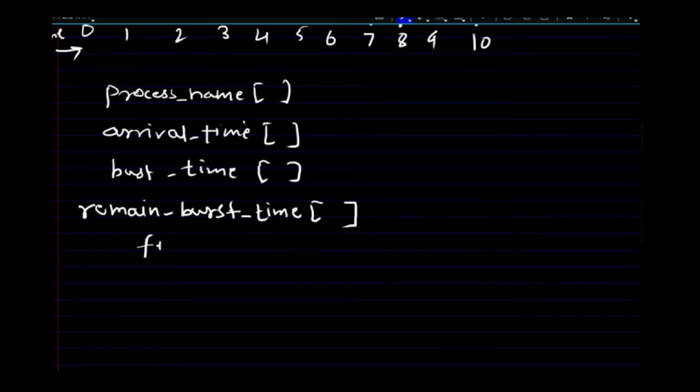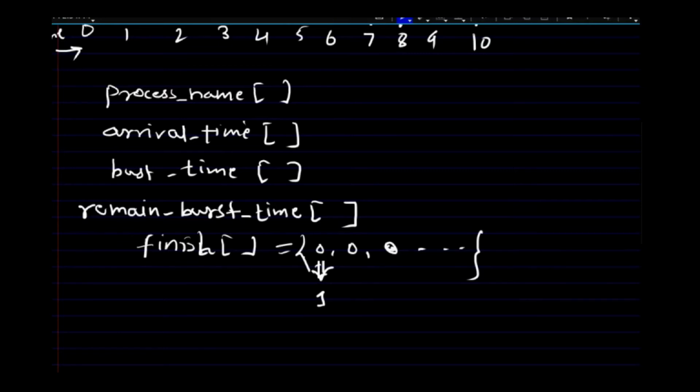Then I have used one more array, the finish array. Initially the values of the finish array will be 0, 0, 0, and if a process is finished, we will make that value 1. If the value is 1, the process is finished. If the value is 0, the process is still running.